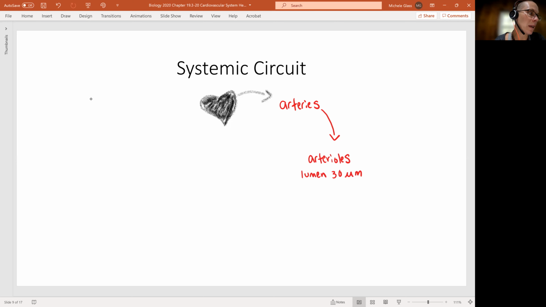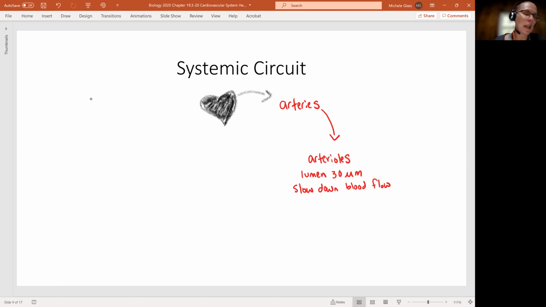So this is going to be much smaller. This is going to slow down your blood flow. So we're going from a bigger tube to a smaller tube, so we're slowing down our blood flow.